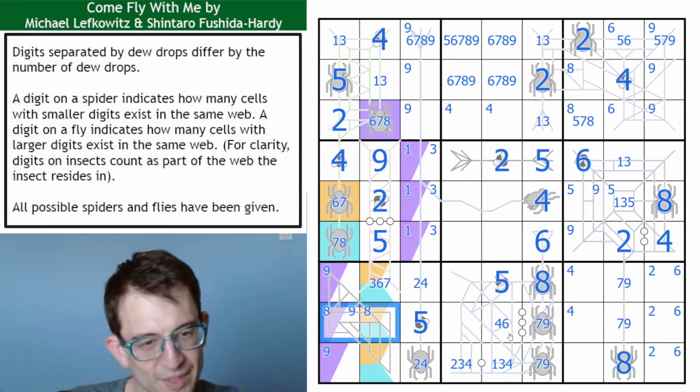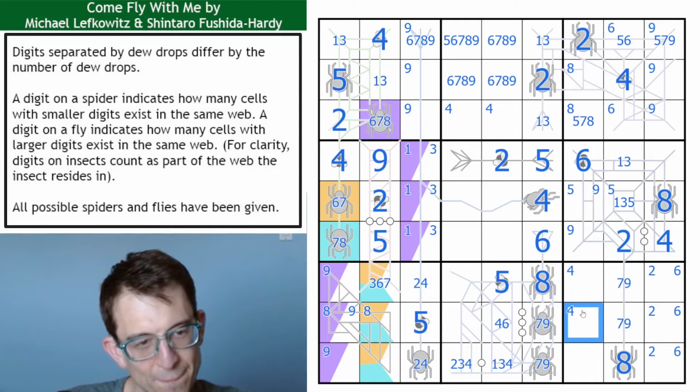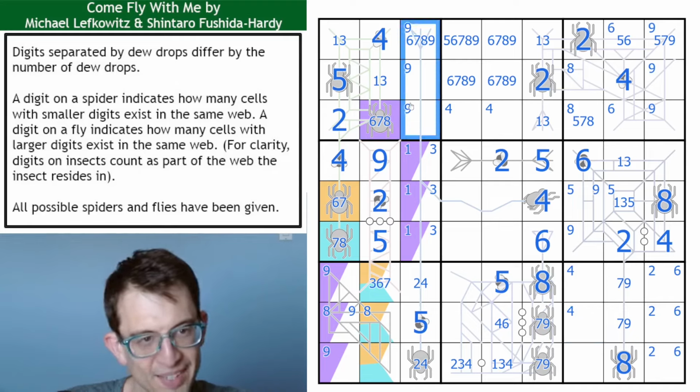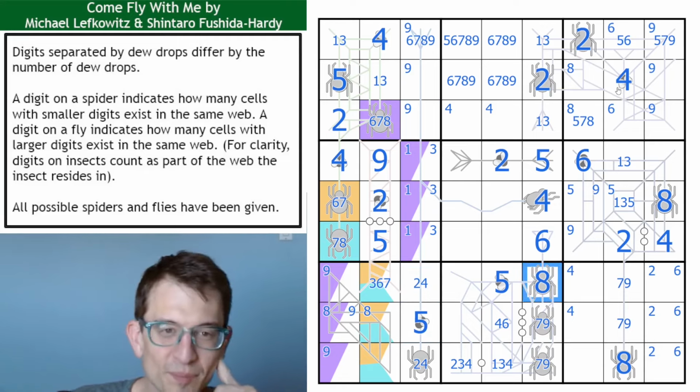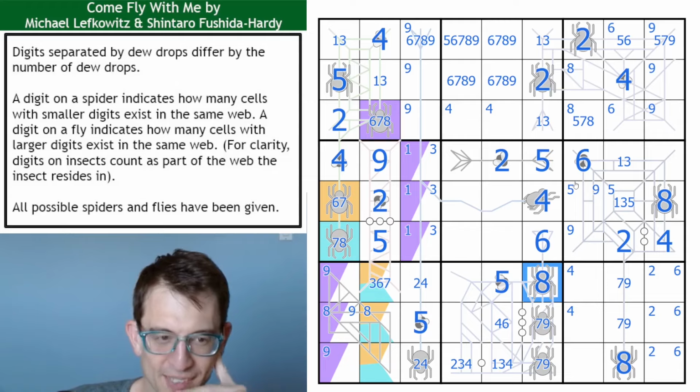Okay. Yeah, I don't know. This is 9 blue orange. 3 purple. Yeah. It just feels like they're stacked up and I can't find the last push.